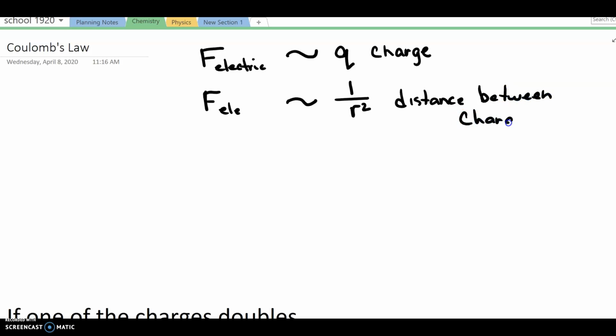And I know you read about this, and if you didn't, stop the video and go back and read about it first, because I'm going through this just to show how to reason through some of the problems. The actual law says force is related to the product of the charges, those are Q's, when you multiply them together, and to the inverse of the distance between the charges squared.